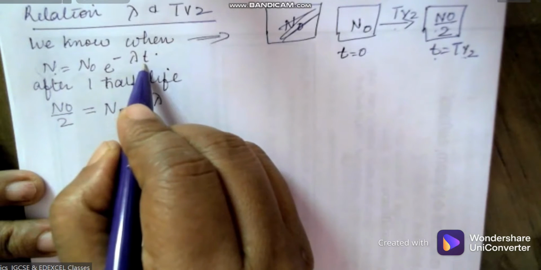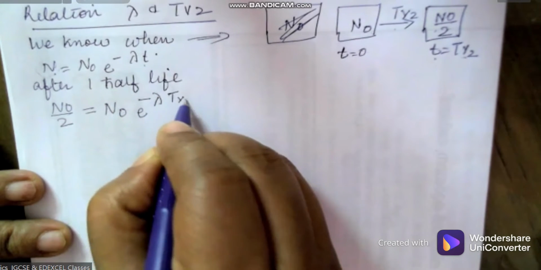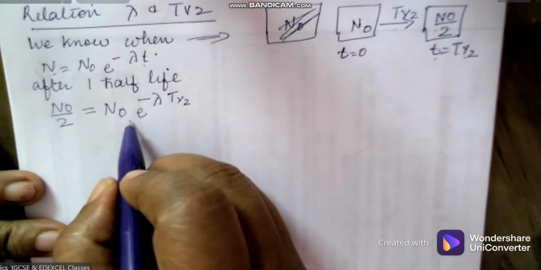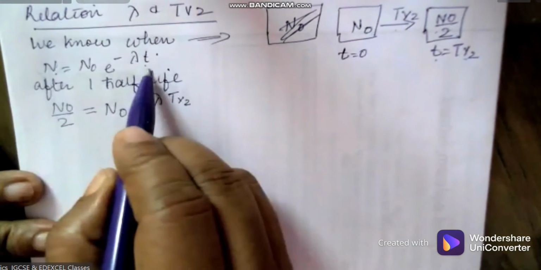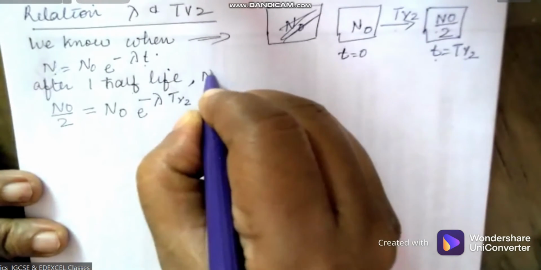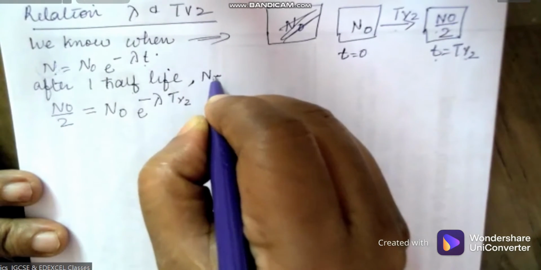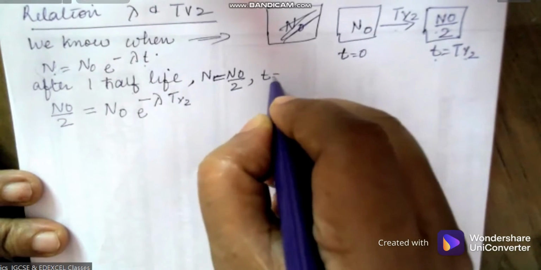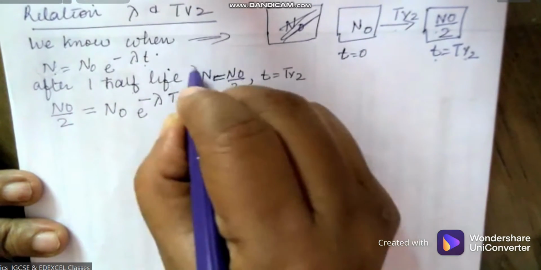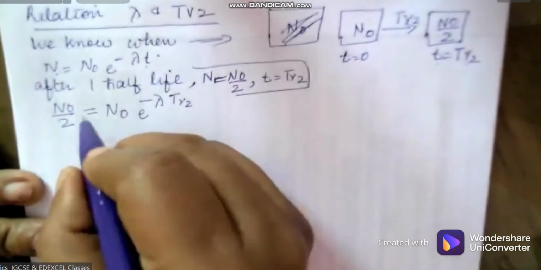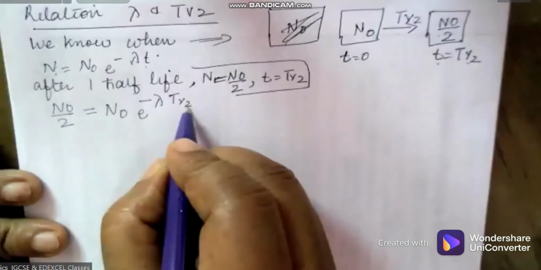At that time, what is the time? Time is t half. Understood how we got this one? This is the equation that we know. After one half-life, n will be n naught by 2 and t will be t half. So putting those values in this equation, you get this one.